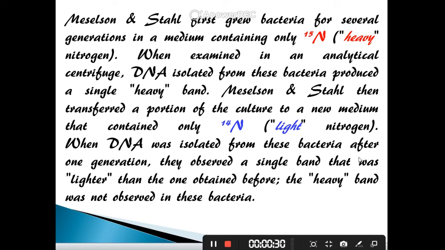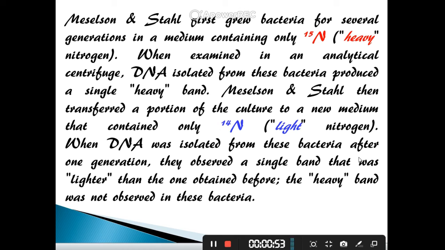In brief, Meselson and Stahl isolated the bacteria which produced a single heavy DNA band on cesium chloride density gradient centrifugation.